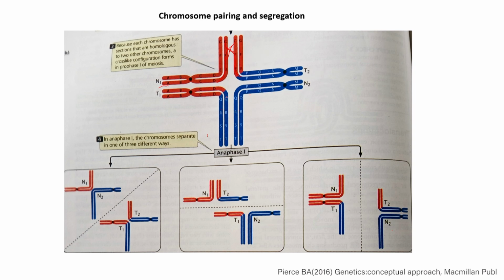Same thing, if there is any crossing over at any point, this chromosome would have gone with this and this chromosome would have gone with this. So crossing over at any place will not make the combination different; the combination will remain the same. That is why the crossing over sign has not been shown.